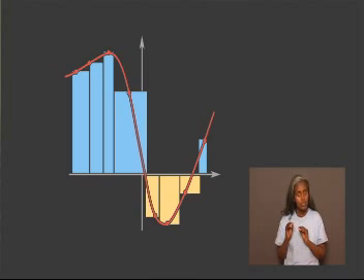Students, as you may remember, a definite integral calculates the area under a function over a set range. It divides the irregular shape under a function into rectangles, an infinite number of rectangles, in fact, and then it adds up their areas.